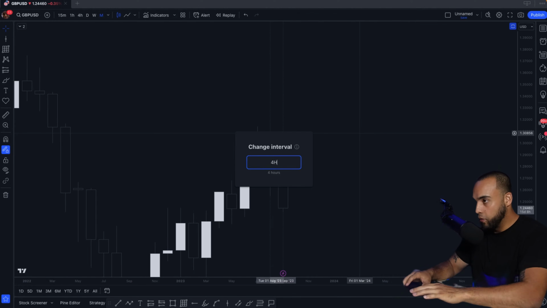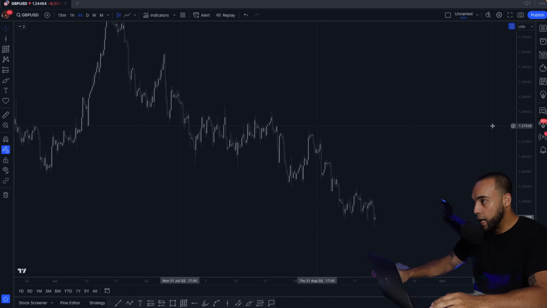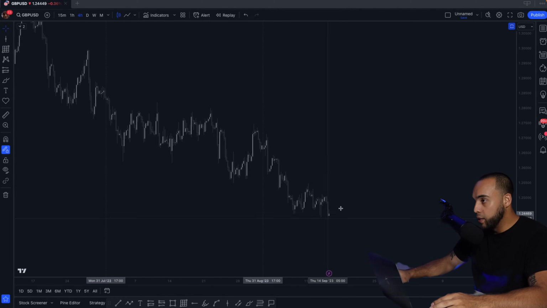Now I jump down to the 4 hour, and pretty simple, I can see exactly what's happening. As far as right now, this is the only price action we have for the month. We're in the middle of the month, and there's little short-term price action happening, but no swing price action.